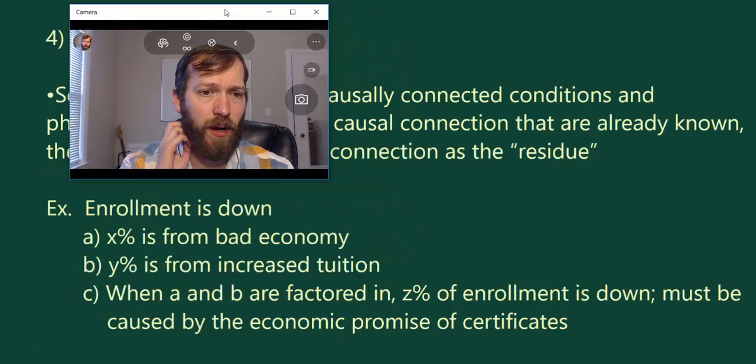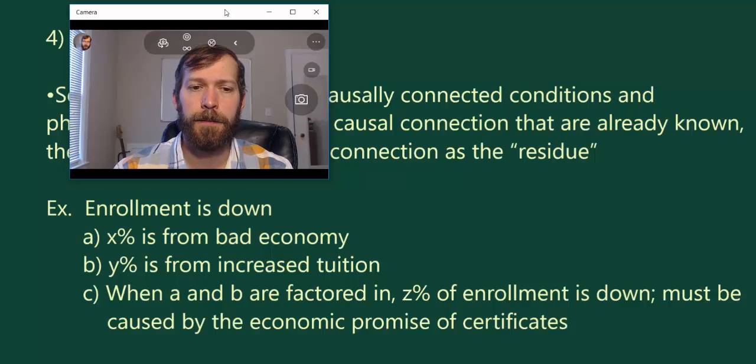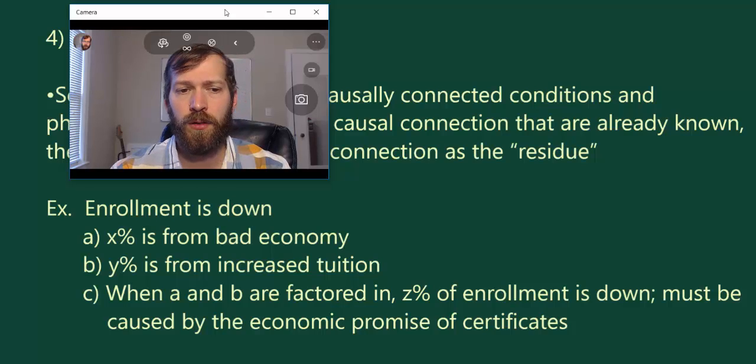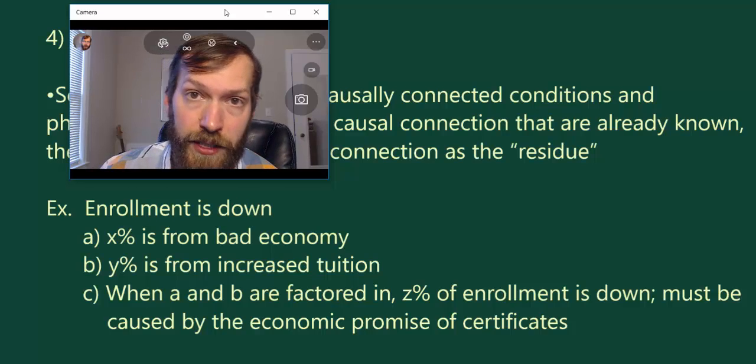If our phenomenon is that enrollment is down and we want to identify why, you might do some statistical analysis and find out that say 30% can be explained by the fact that we're in a recession, so the economy is bad. People just can't afford it. 30% can be explained by an increase in tuition.